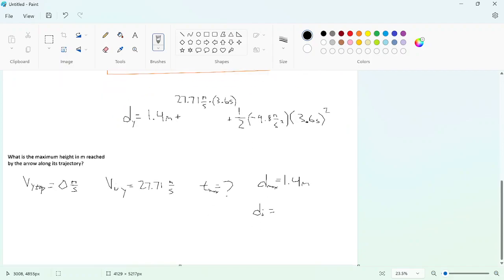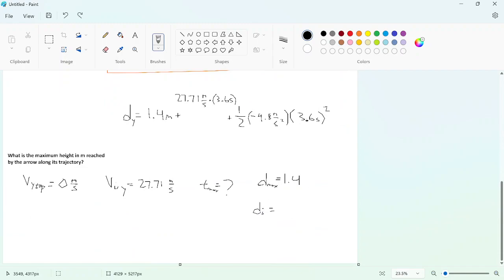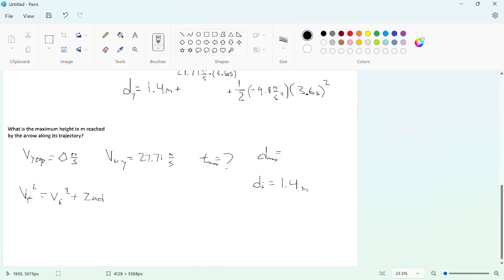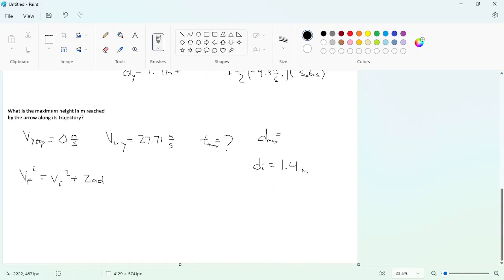So let's see, what can we do with this information? We draw formulas: velocity final squared equals velocity initial squared plus 2AD. We also have the acceleration, which is negative 9.8 meters per second squared.